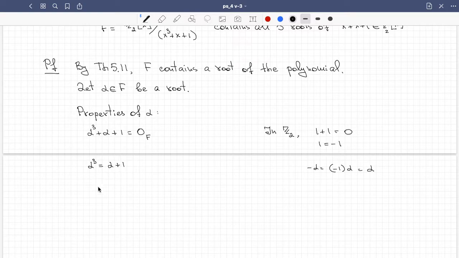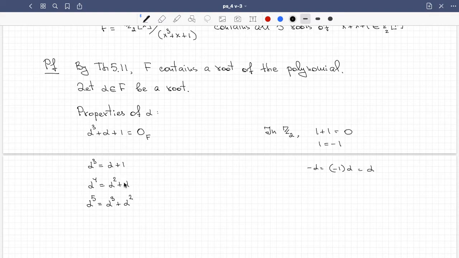I can multiply that by alpha to get alpha to the 4, alpha squared plus alpha. I can do that again and multiply by alpha again: alpha to the 5 is alpha cubed plus alpha squared.